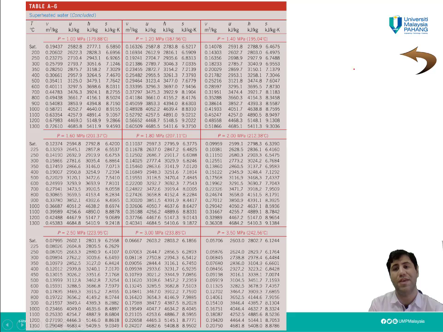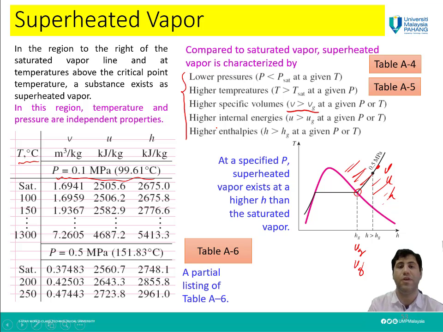So let's see how we can find the values or properties for a temperature or pressure which are not in the table. We use the interpolation method to find different properties for a temperature or pressure which is not presented directly in the table.